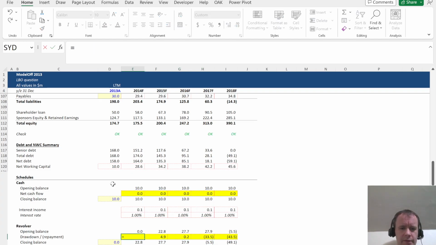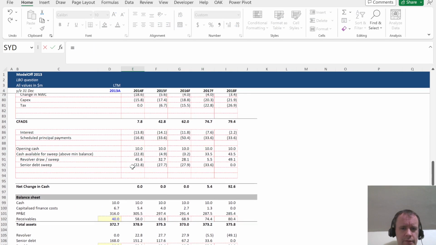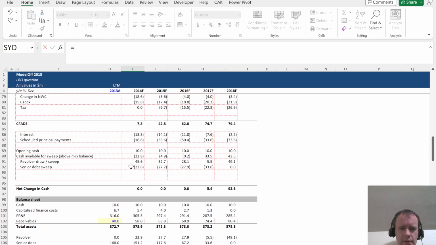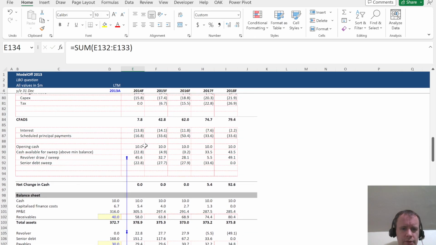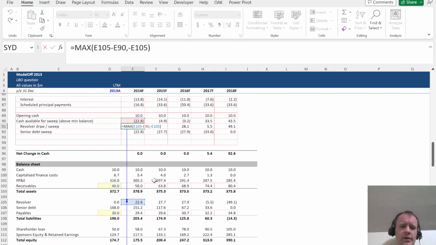Let's be careful. So, try this again. Should be linking to here. Sorry, no, this is now the right sign, now that I'm pointing at the right cell. Circular reference. Oh dear. Shouldn't be. But okay. Ah, yes, my bad.